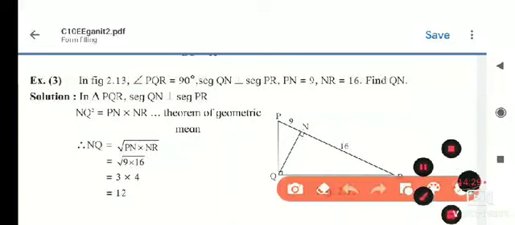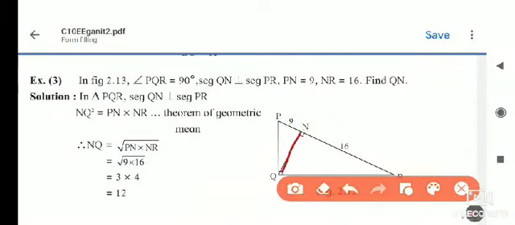In the second question, in triangle PQR, QN is perpendicular on PR, meaning it is the altitude drawn on the hypotenuse from the opposite vertex of the triangle. PN is equal to 9, NR is equal to 16. We have to find QN. Here we have to use the geometric mean theorem, meaning QN square is equal to PN into NR.